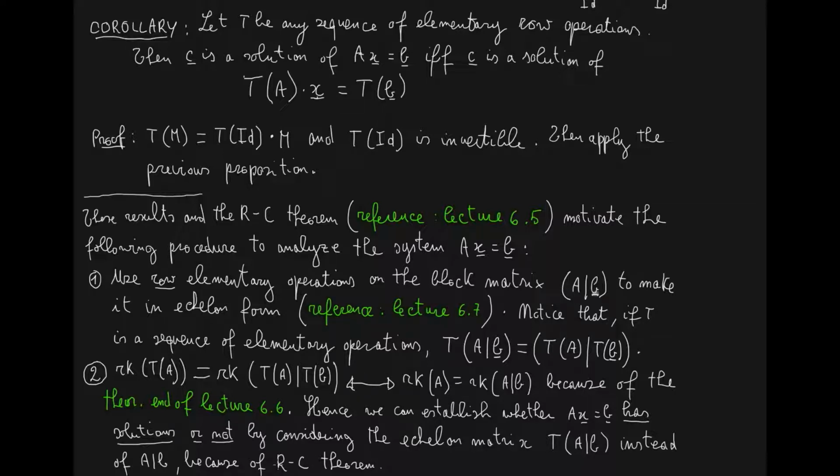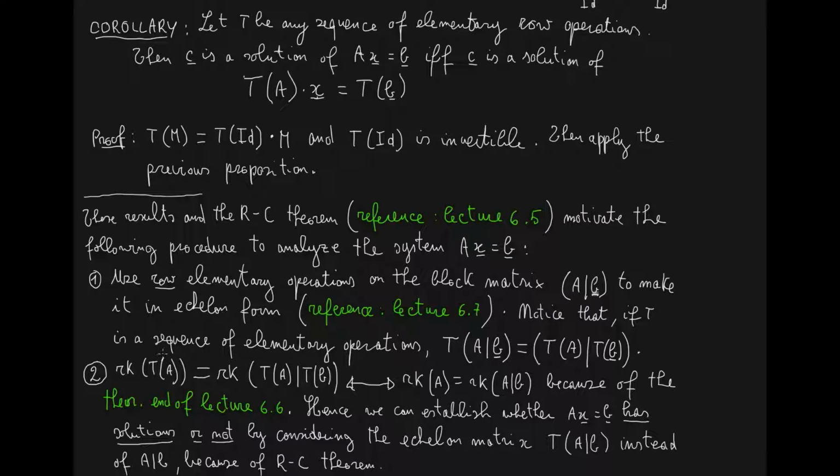But the RC theorem tells you precisely that the system AX equals B has a solution if and only if the rank of the matrix A equals the rank of the matrix A slash B. Therefore, we can use this equivalence to check the existence of solutions in the initial system of linear equations AX equals B by checking the equality of the rank of these two new matrices.